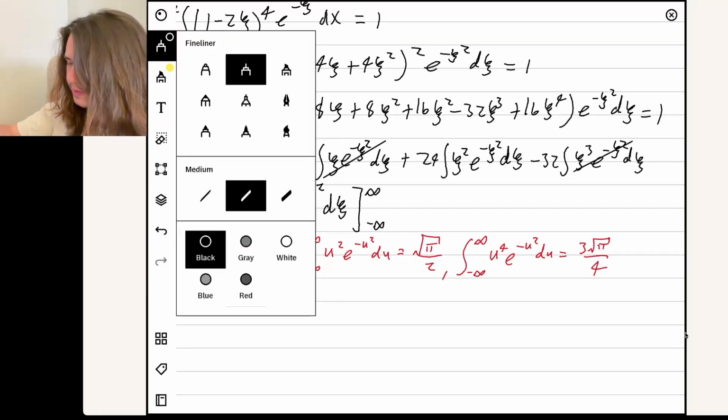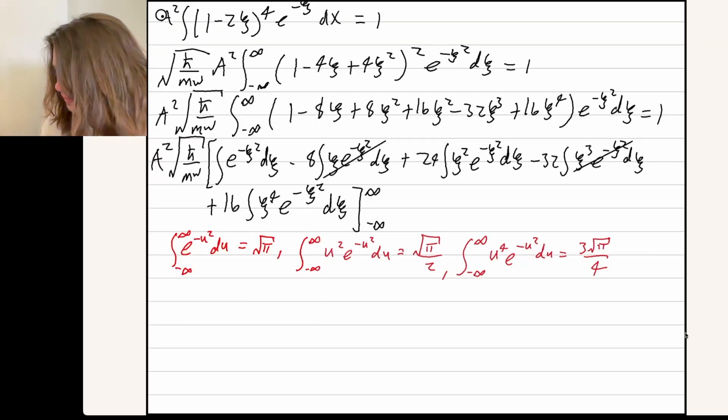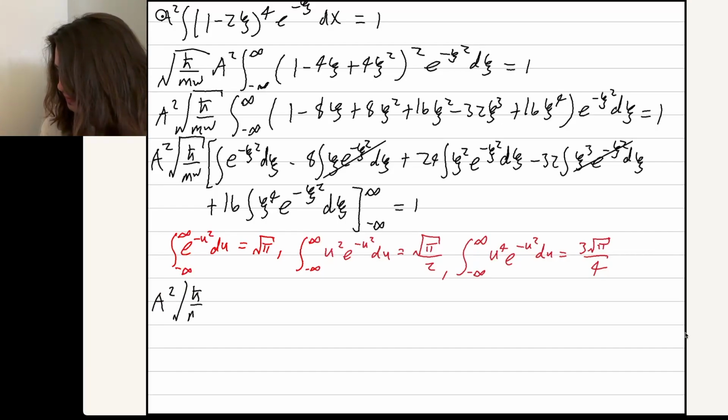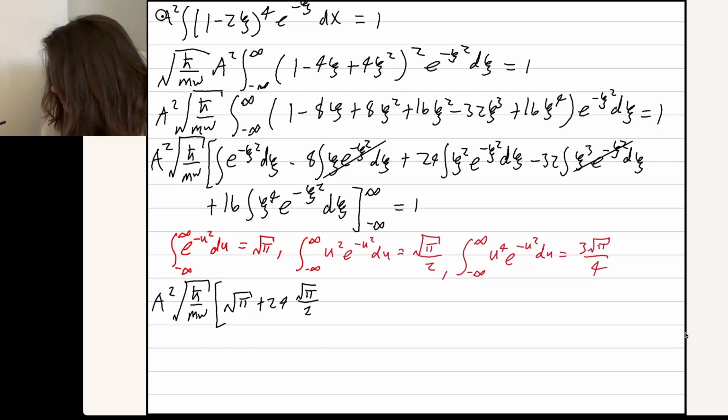So with those in mind, our little integral that we're doing here is now done, pretty much. We just need to simplify the results. So we have root pi plus 24 root pi over 2 minus 32 times nothing plus 16 times 3 root pi over 4.